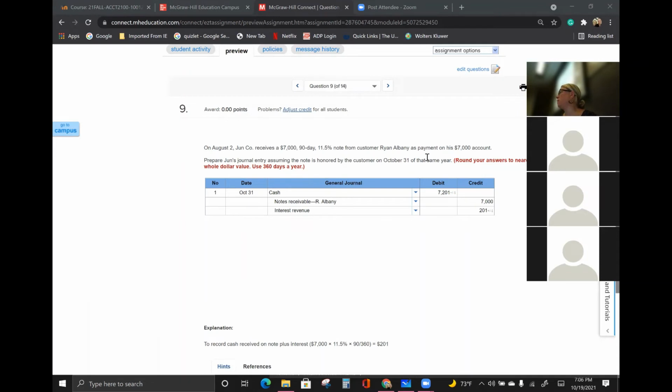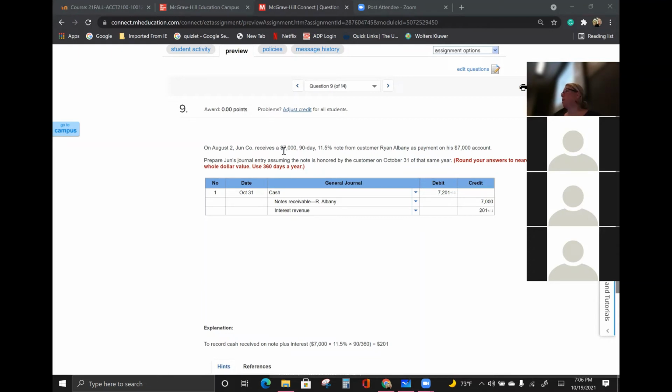So remember, whenever we're doing the banking stuff, we're using that 360 as our denominator. Okay, so we have $7,000 on the note. So we're going to multiply that by the interest rate, which is 11.5%. So 7,000 times 11.5% gives you the interest for the entire year.